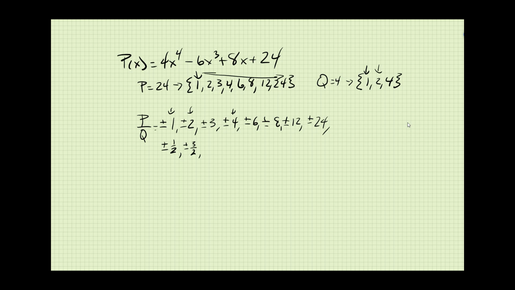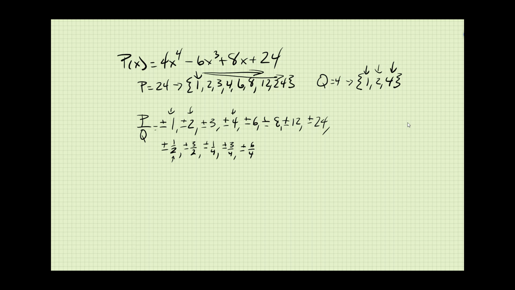Now, we take this entire set again and divide by the 4. So 1 divided by 4 is plus or minus 1/4. 2 divided by 4 reduces to 1/2, and that's already there. Then we have 3 divided by 4. Then 4 divided by 4, well, that's 1. Then 6 divided by 4.